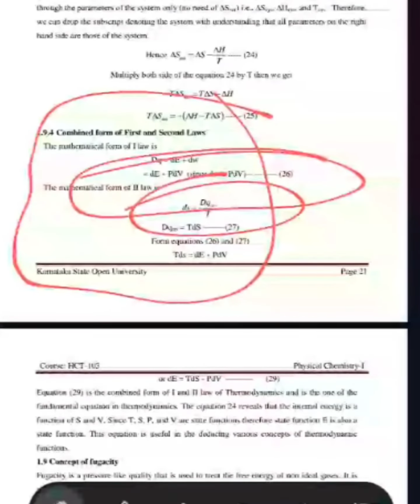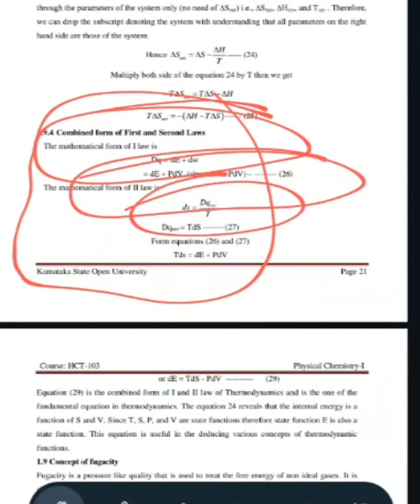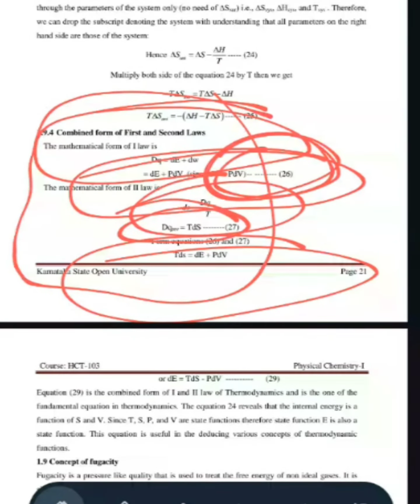So from the combination of first law and second law, we can derive T delta S is equal to delta E plus P delta V, from equations 26 and 27. This is also an important term.